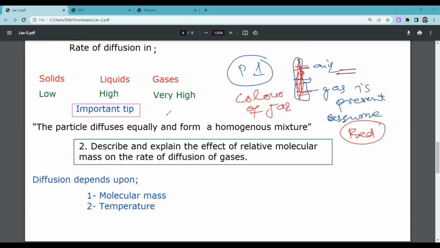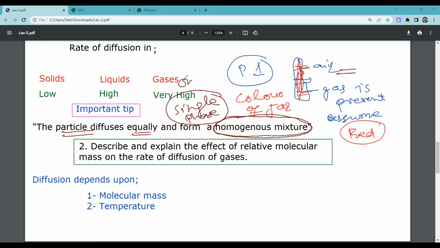So here is a very important tip. The particles diffuse equally and they form a homogeneous mixture. What is meant by a homogeneous mixture? It means that the particles are now in a single phase. It seems that only one phase is present.